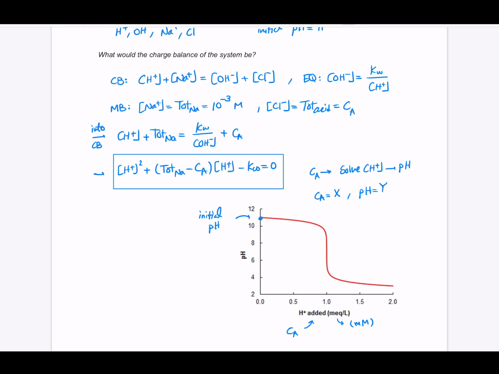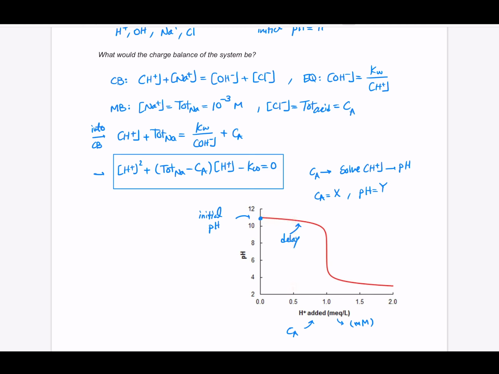So now mathematically, we also observe that delay that we just talked about qualitatively. Now we have this part of delay. Here you're adding acid, you added 0.5 millimolar of acid, but the pH barely changed from 11 to maybe 10.8.